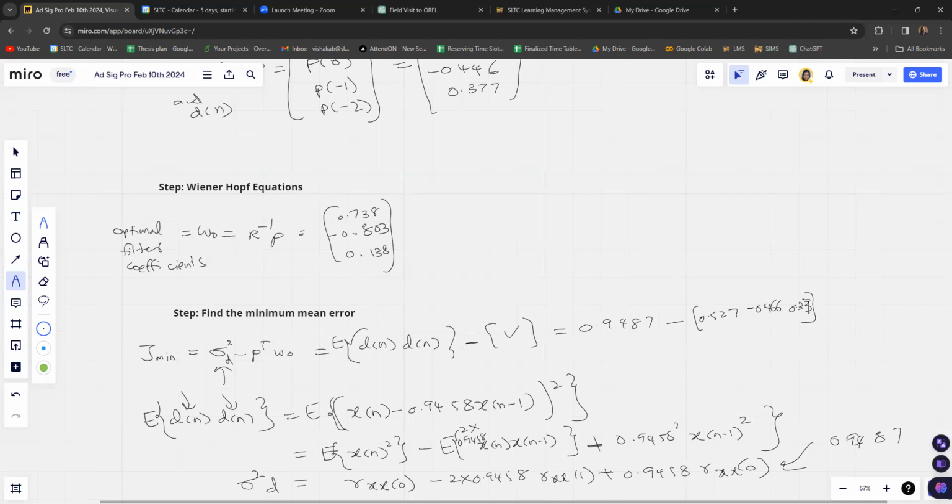So in here it's 0.377. We multiply with the optimal filter coefficients that we got here, which is 0.738, minus 0.803, and 0.138. So in here also you will get a constant at the end, right? So after you do the subtractions, you will get some constant value as the error value. So the minimum error value, J min, is equal to 0.15.